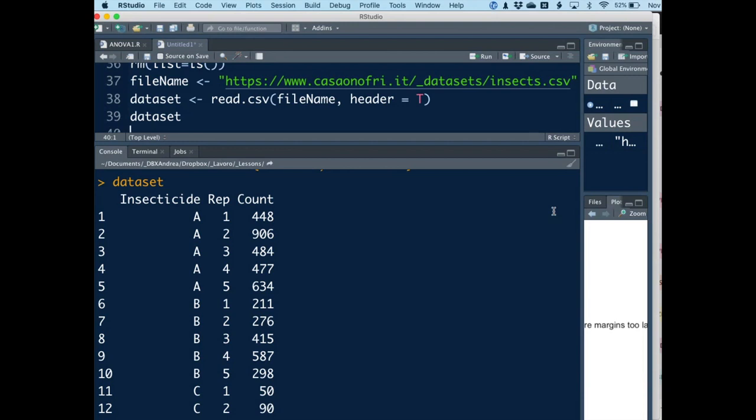So some okays are arriving. Good. So look at the insects.csv, everything small letters.